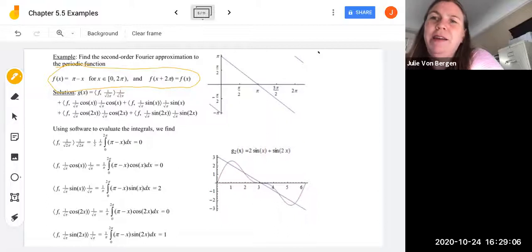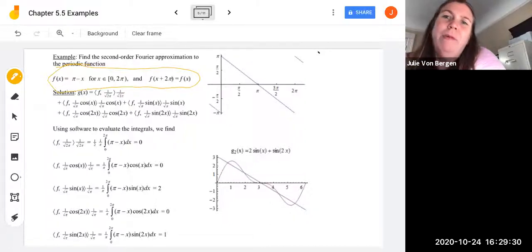And f of x plus 2 pi is going to equal f of x. So our solution here, we're going to set g of x equal to the inner product of f and 1 over root 2 pi multiplied by 1 over root 2 pi, plus then we've got f inner product with 1 over root pi cosine x, and all that gets multiplied by 1 over root pi cosine x.